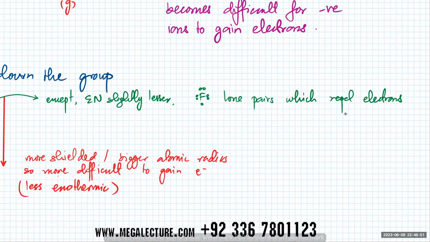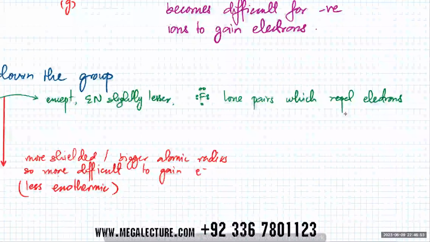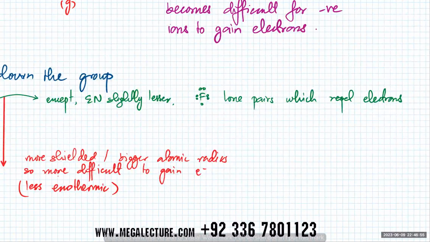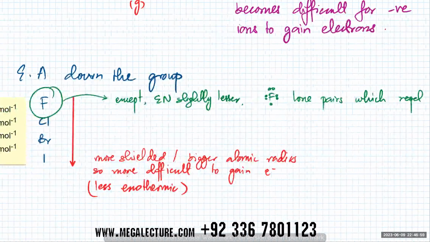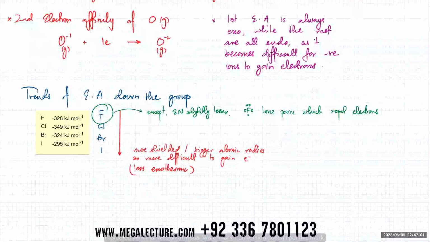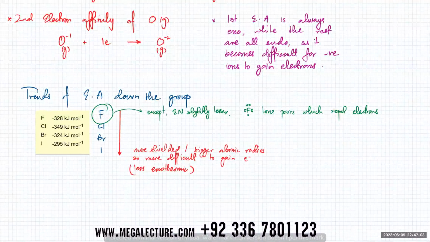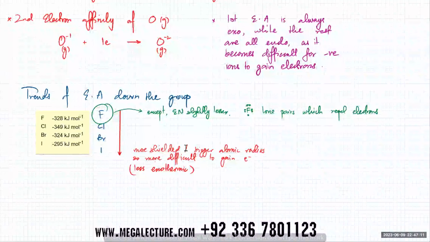So it becomes harder for fluorine to actually gain electrons because it's so small and the electrons are already so crowded, because they're very close to each other, that fluorine's electron affinity is actually less exothermic compared to chlorine. Otherwise, the trend is followed except for fluorine. Is that clear? Yeah.